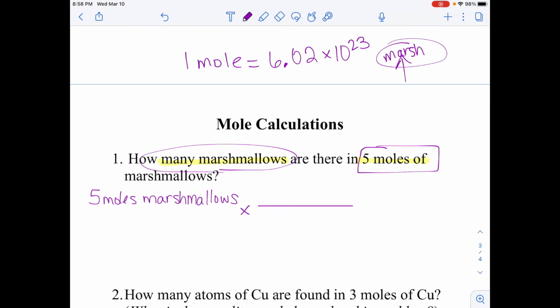So we know in our next step, we want marshmallows to cancel. So we notice we are starting with moles at the beginning. So we want moles to cancel, so our moles are going to be underneath.